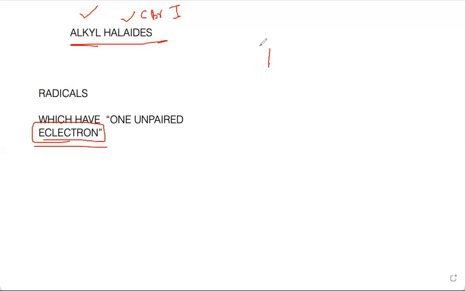Let me tell you one more thing about the free radical. You have to note that point also. A free radical has one unpaired electron, but keep in your mind, it is not a charged particle. It should be neutral.